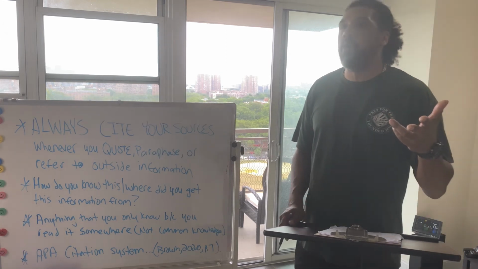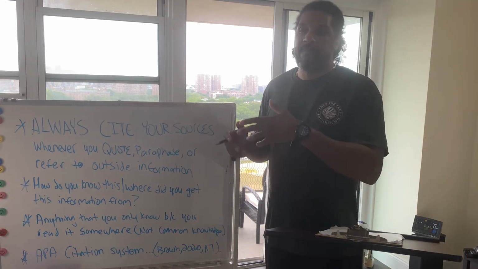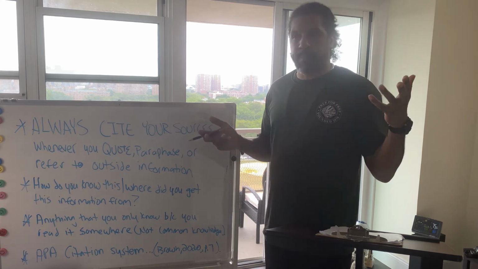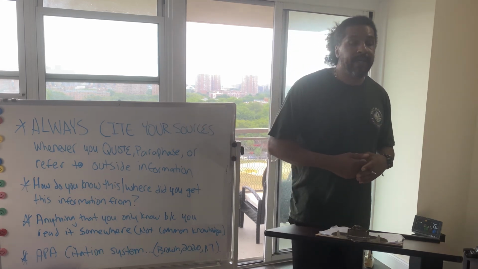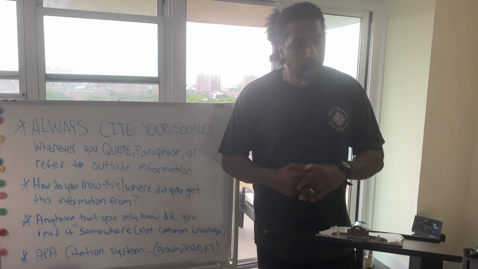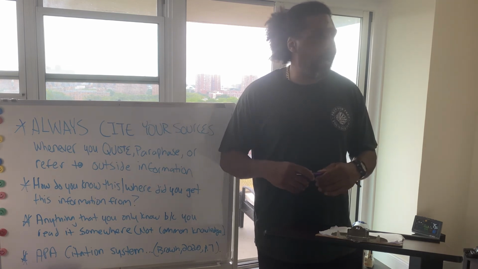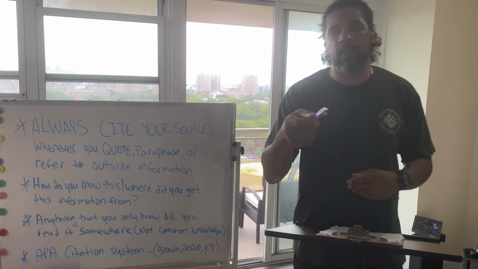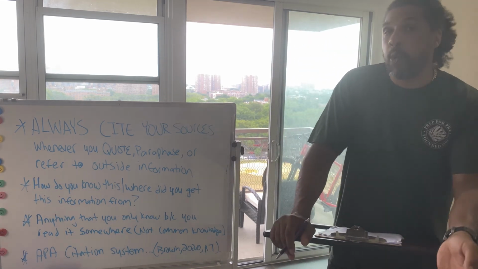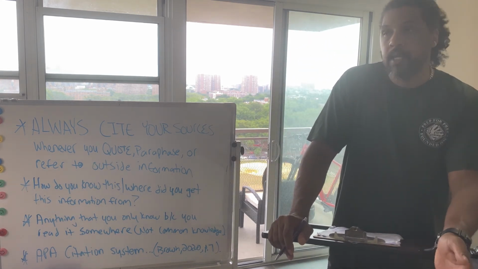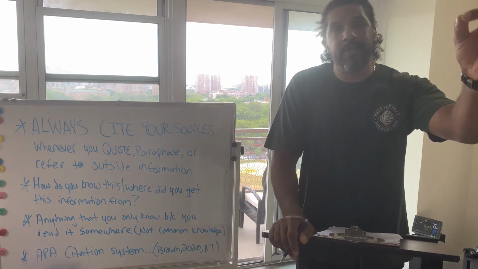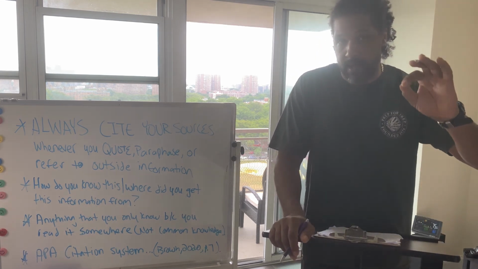Now, if you are getting your information from online sources, which is probably going to be the case, that's becoming more and more the pattern for researching now because so much information is available online. And let's say you come across an online article, there are no page numbers, right? In that case, you will have to count the paragraph numbers.